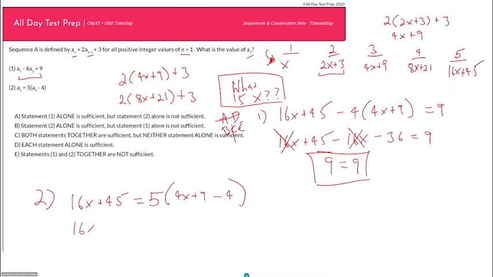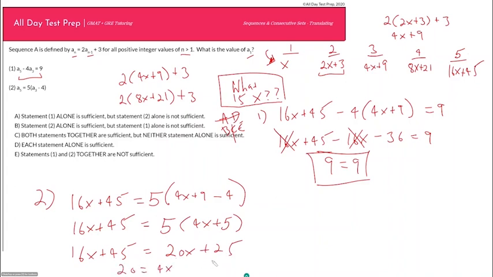So 16x plus 45 is equal to, which is just 5 times 4x plus 9. And multiply this out. 16x plus 45 is equal to 20x plus 25. And so subtract 16x from each side, subtract 25 from each side. 20 is equal to 4x here. We do get a number for x, the first term in our sequence. And so this guy here ends up being sufficient.